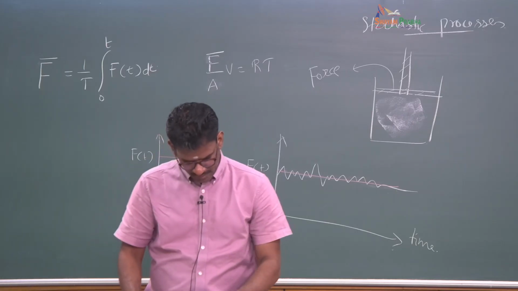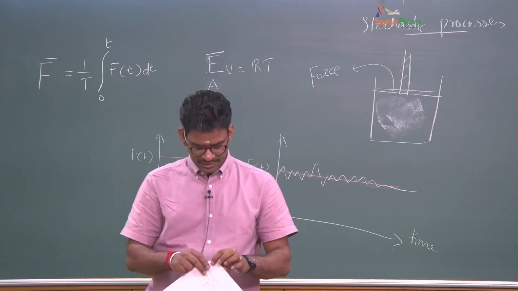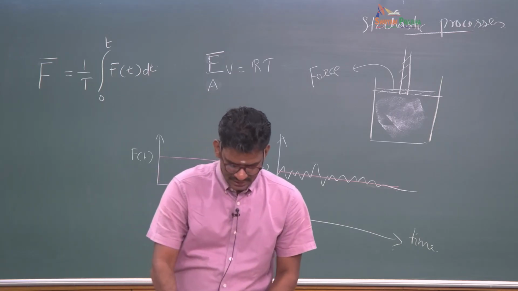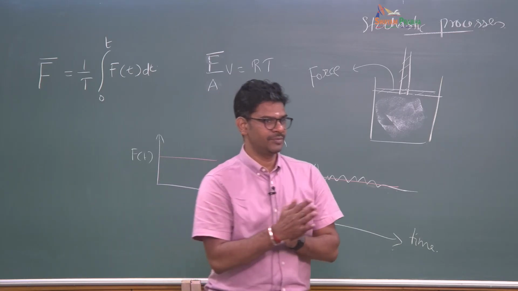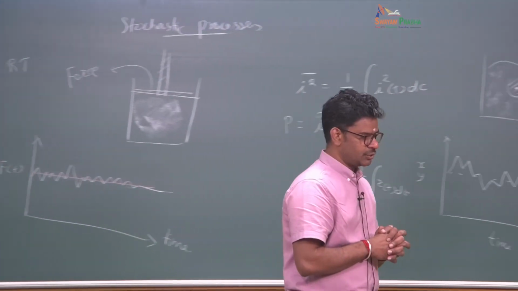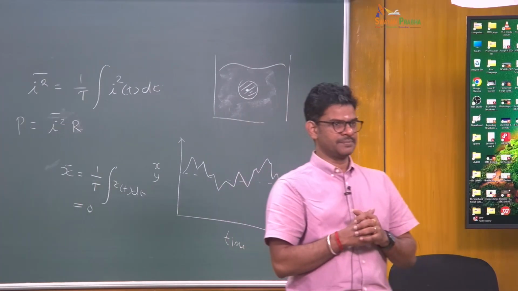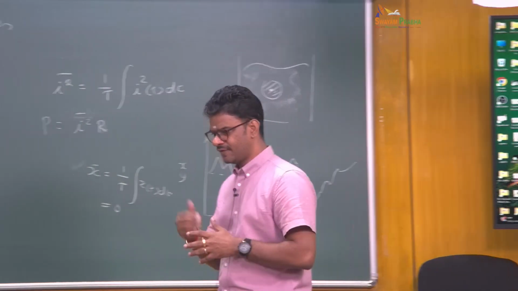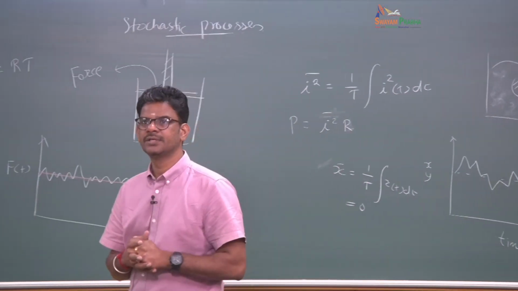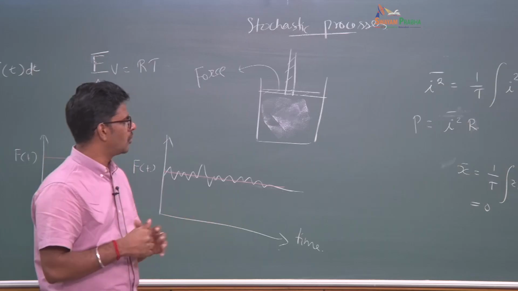Now, in terms of the mathematical treatment of stochastic processes, everything started from the intention of explaining Brownian motion. Okay, so that was the beginning, and from there onwards, I think the applications became very broad.